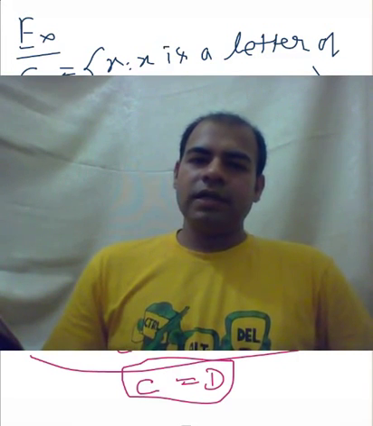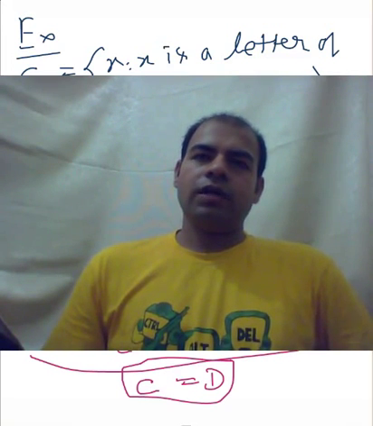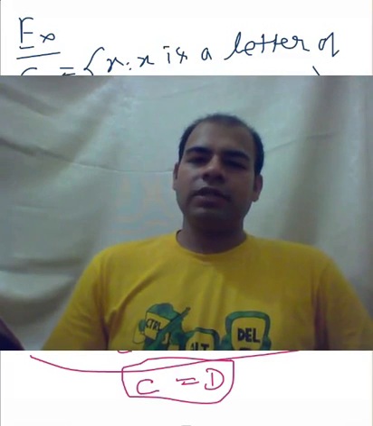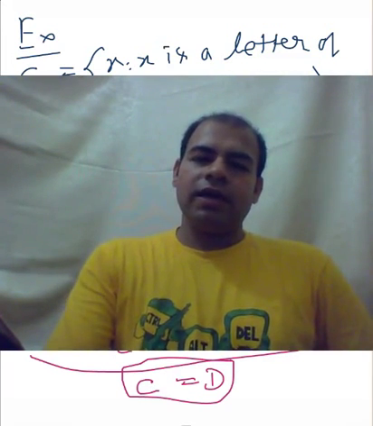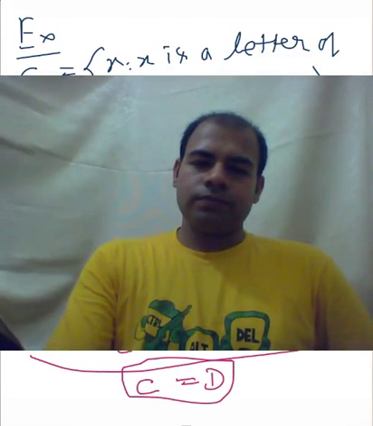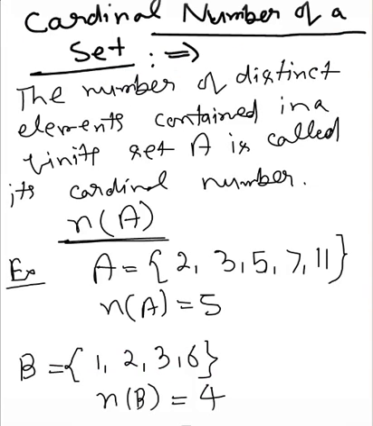Suppose there is a set having the elements 1, 2 and 3. How many elements are present in that set? 3. So 3 would be its cardinal number. The number of distinct elements contained in a finite set is called the cardinal number.